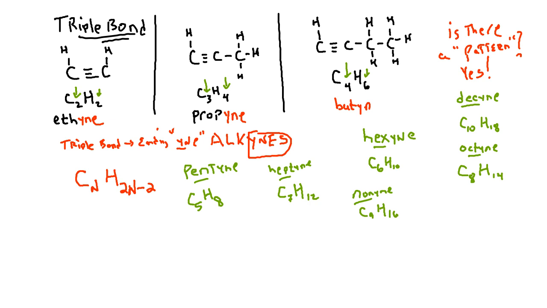But let's see. I remember I kept saying doing double and triple bonds are actually easier than single bonds. So let me show you what I mean. Let's do this first. So let's do 1, 2, 3, 4, 5.